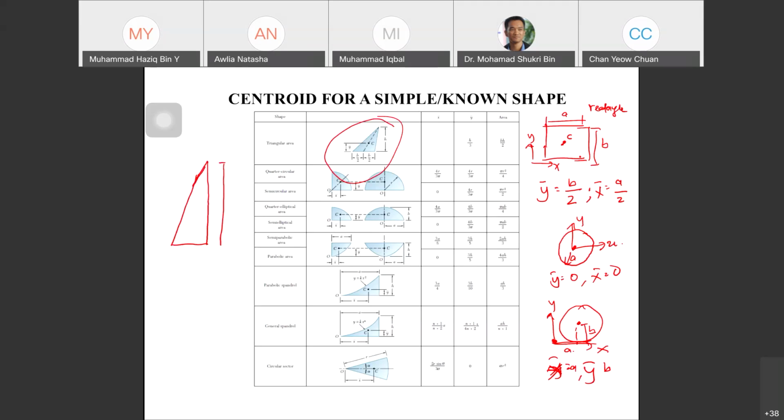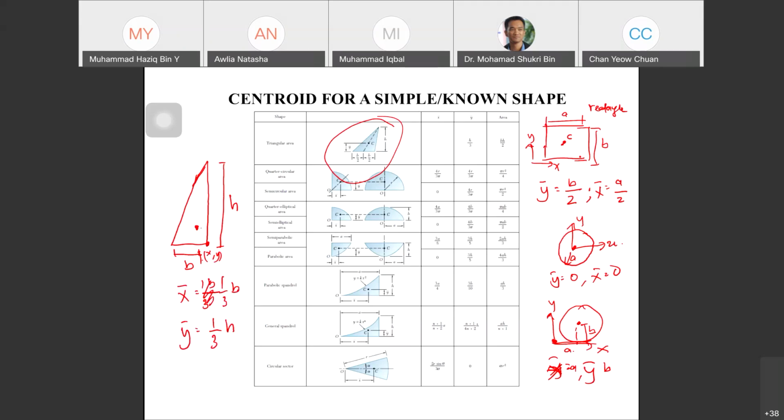Let's say this is height H and this is base B. For the location of X bar, let's say this is your 0, 0, X, Y. X bar is 1 over 3 B, and Y bar is also 1 over 3 H. So the location of the centroid is here.